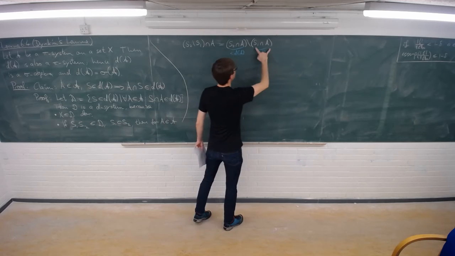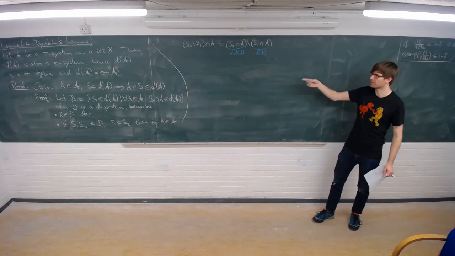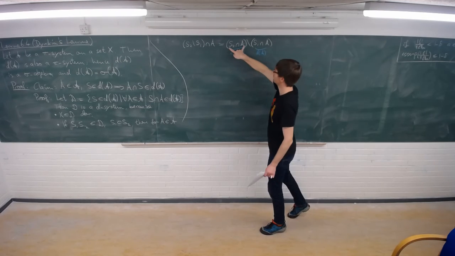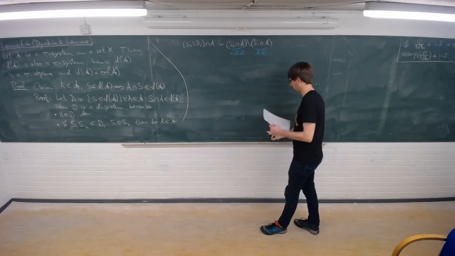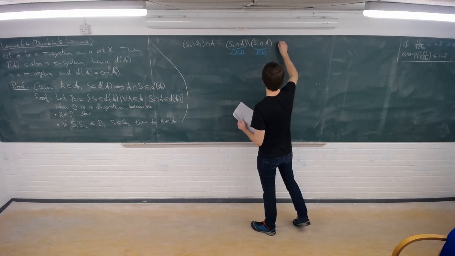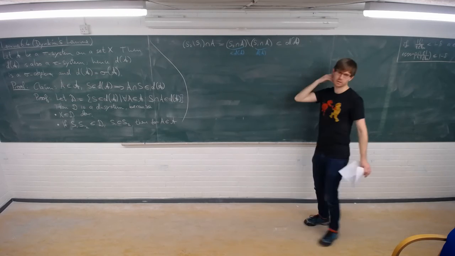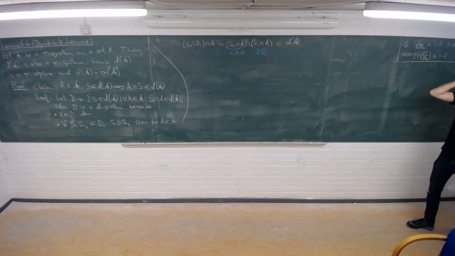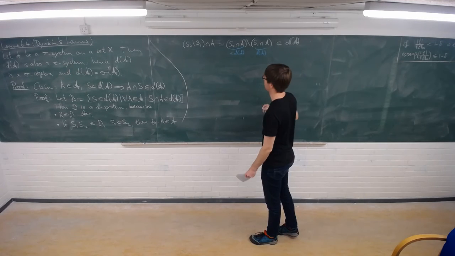So these two sets are in D(𝒜). But D(𝒜) is a D system, so the difference between these two sets is again in D(𝒜). So we know that this whole thing is in D(𝒜).